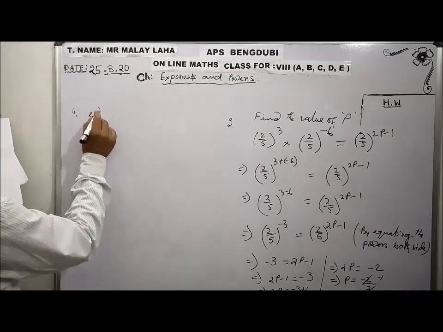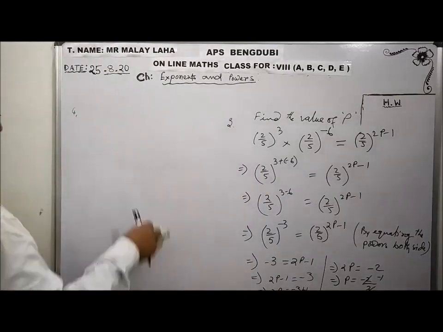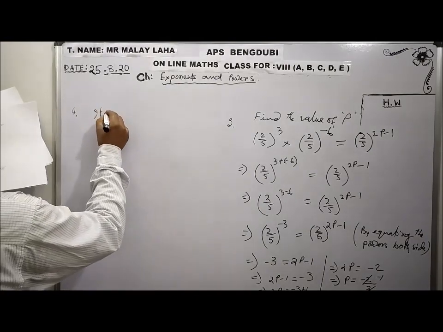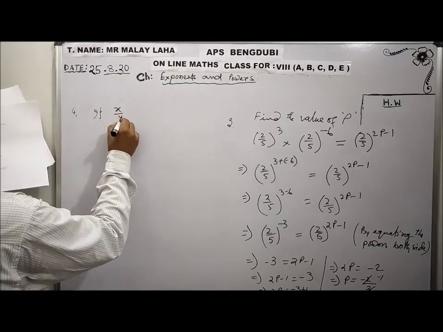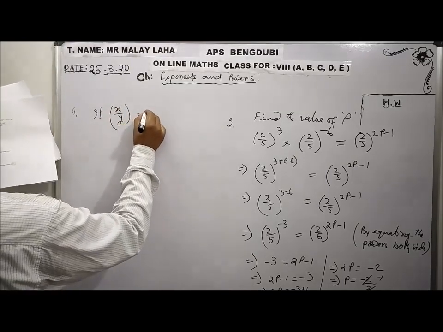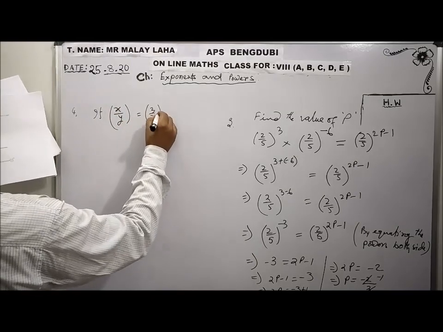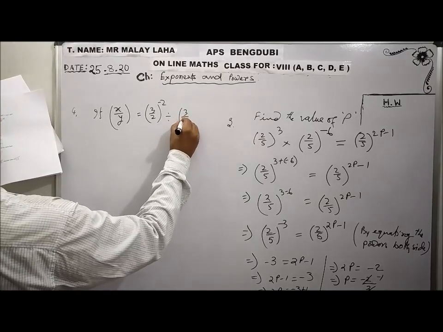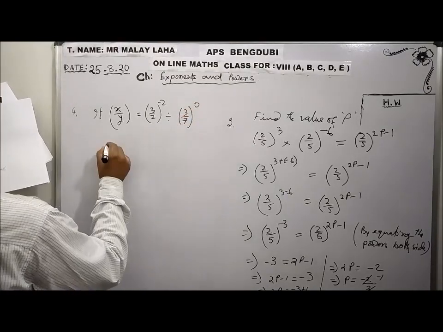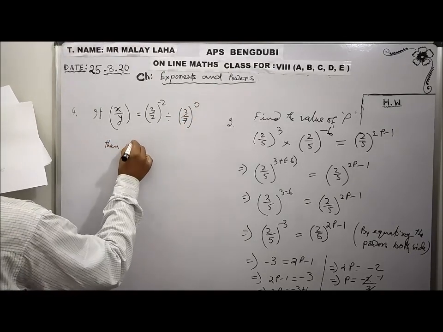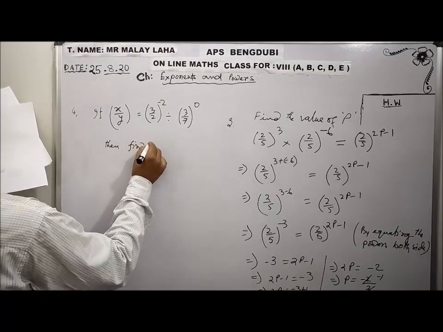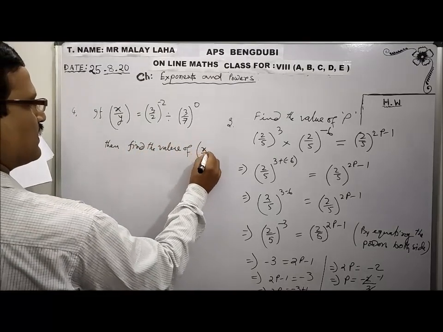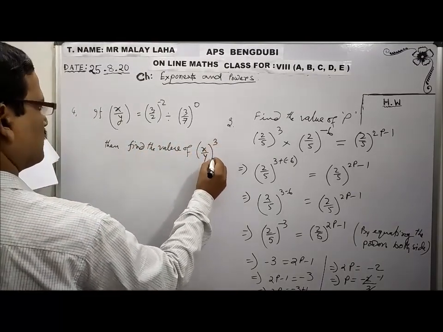If x by y equals (3/2)^-2 divided by (3/7)^0, then find the value of (x/y)^3.